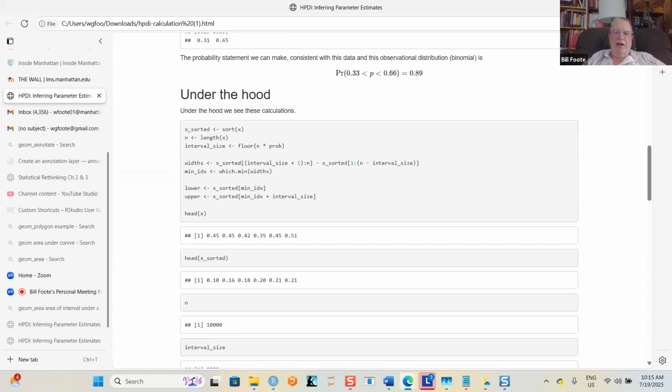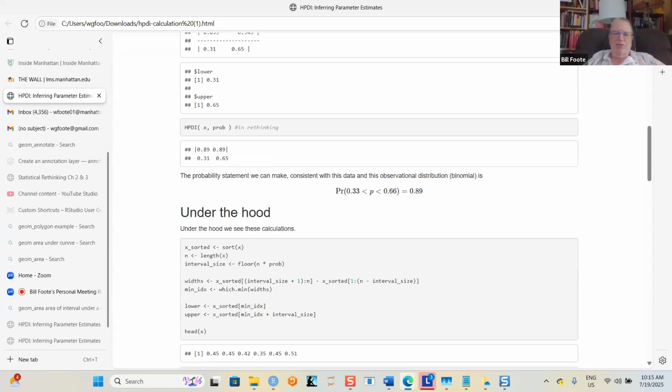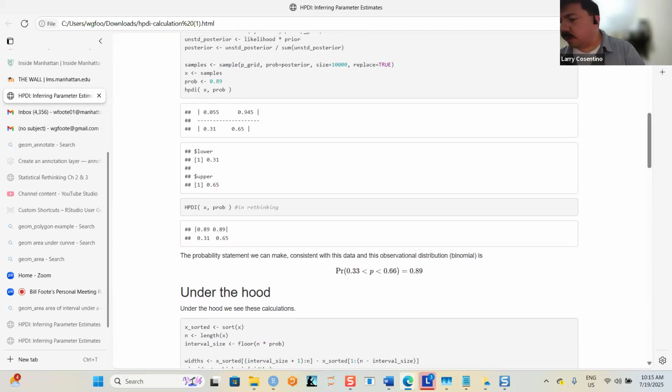I'm a believer in getting under the hood, as you can see. This is the probability statement itself. Between 0.33 and 0.66, 89% of all the possible ways that P could evolve are within this interval.